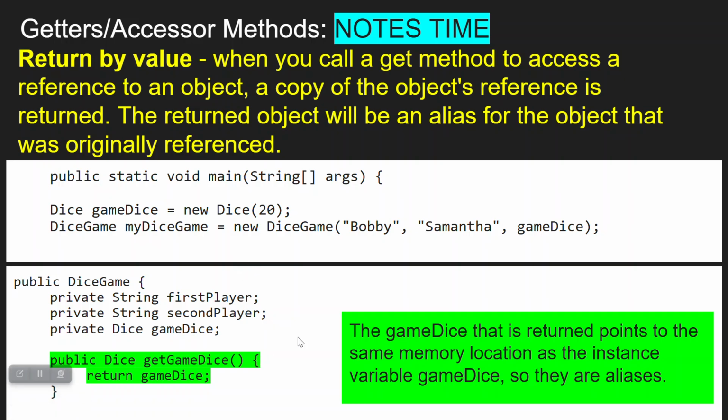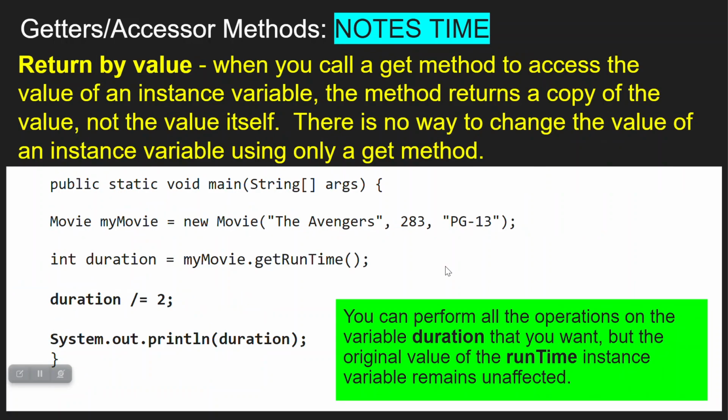So what that means is if I do anything with the gameDice that gets returned from this getGameDice method, if I alter it somehow, that actually will impact the original. So that's an important distinction. For most of your data types, your booleans and your ints, your doubles, and even your strings, you can manipulate them all you want to, and again, nothing's going to happen to the original.